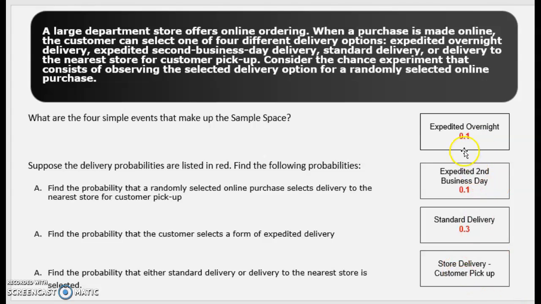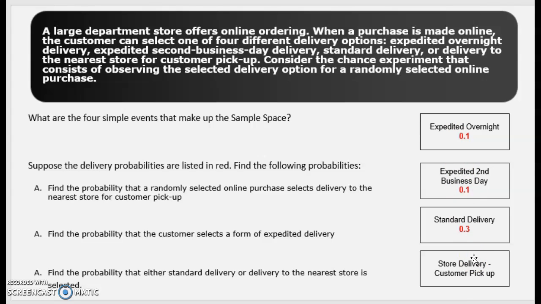We know then from this information that the store delivery pickup is going to be 1 minus all 3 of these, and these add up to 0.5 or 50%. So the probability of store delivery or pickup happening is going to be 0.5 because we can see our sample space there.